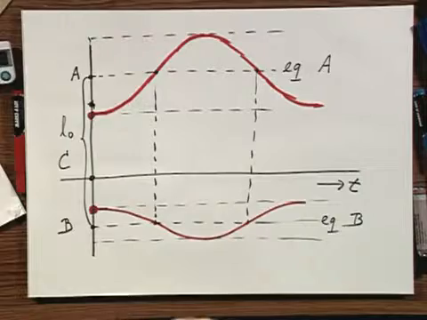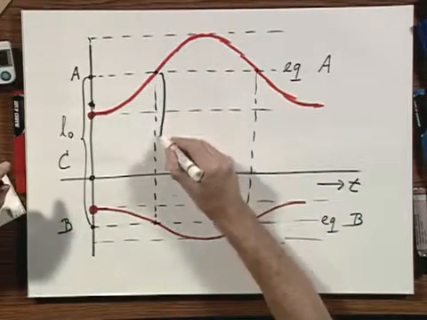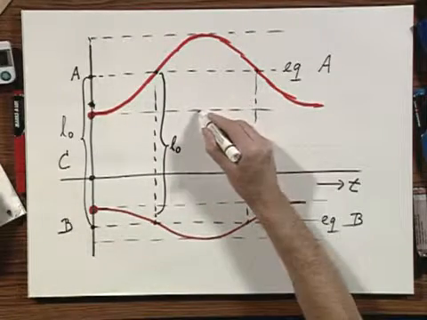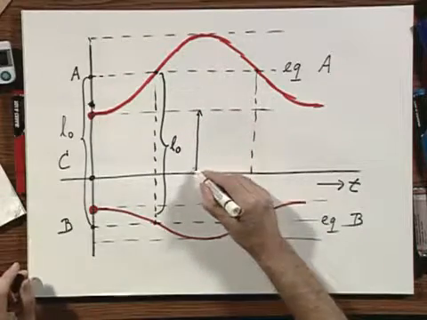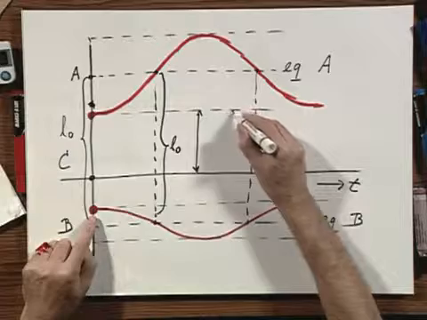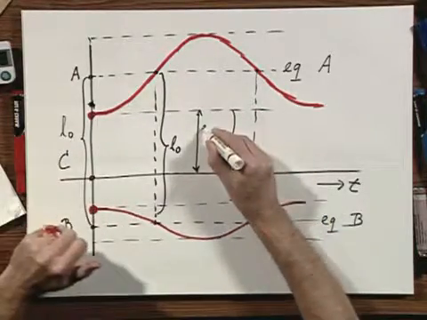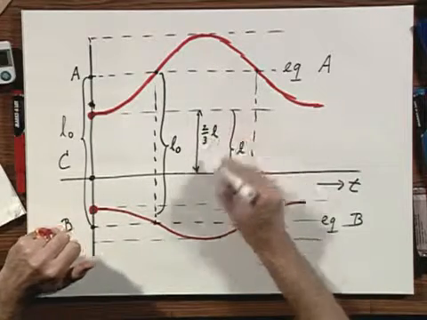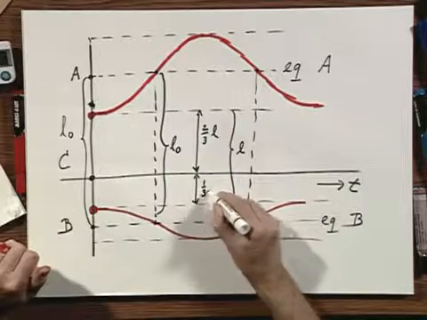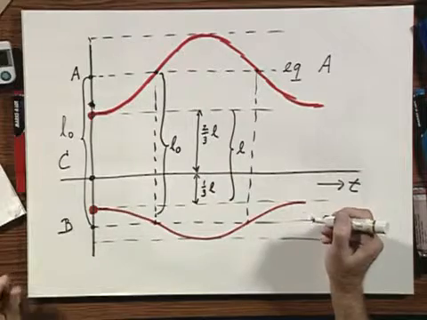I can put in some more numbers here. This here, when A and B are both at equilibrium, is of course L0. If we make the total length of the spring after we squeeze it L, then this is 2/3 L, and this is 1/3 L. Remember, that's the only way that the center of mass can stay in place.